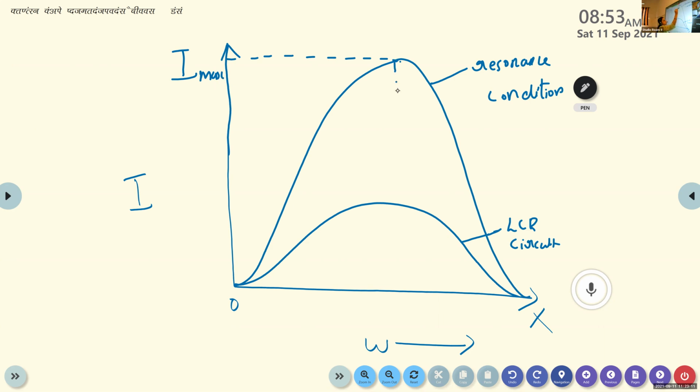Then the frequency corresponding to this maximum value of current is known as resonant frequency. It is represented by omega 0.